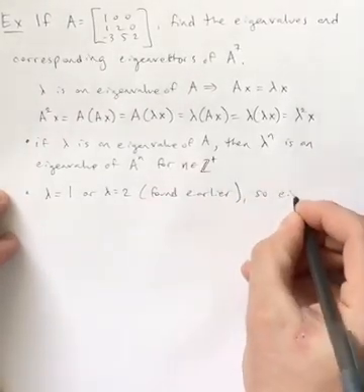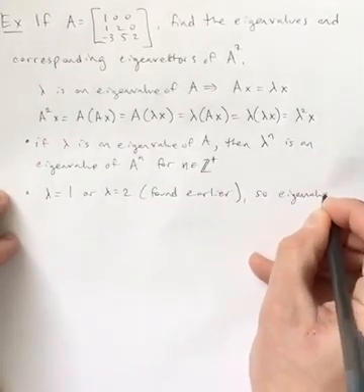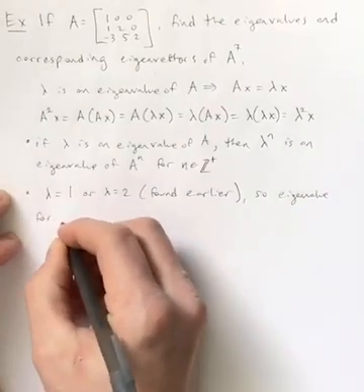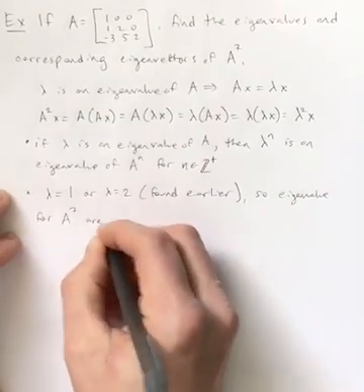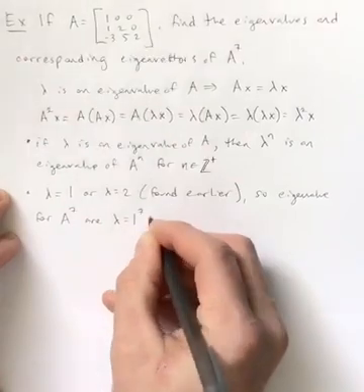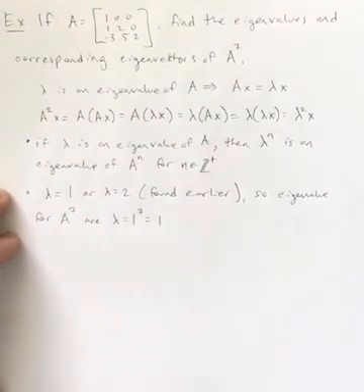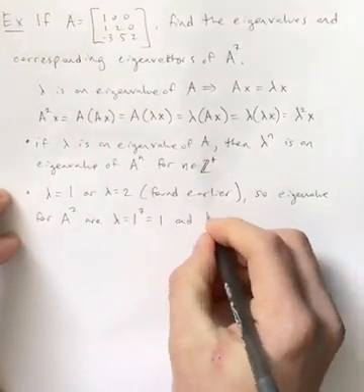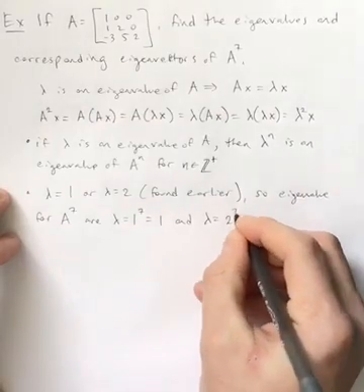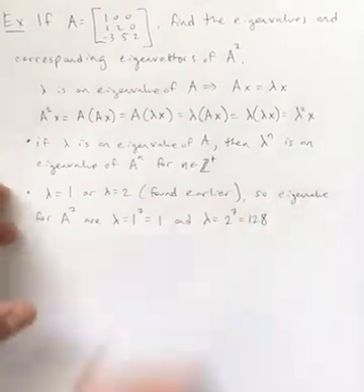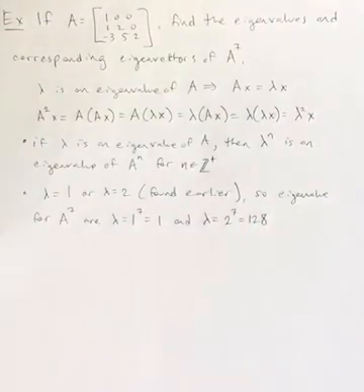And so the eigenvalues for A to the seventh are lambda equals 1 to the seventh, which of course is just 1, and lambda equals 2 to the seventh, which is 128. So that answers the first part of this question.